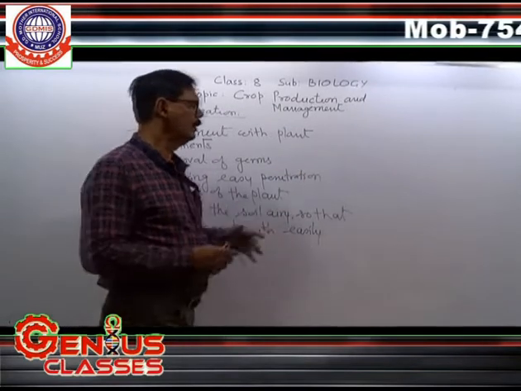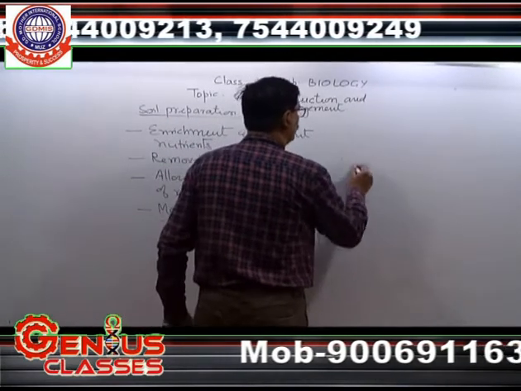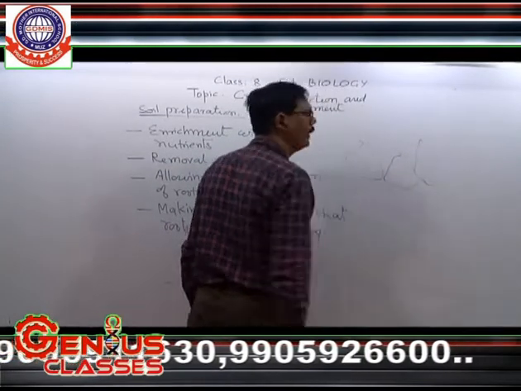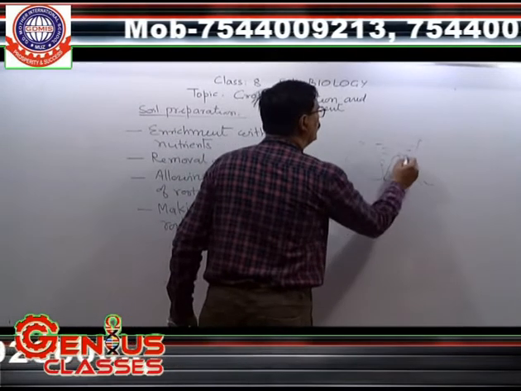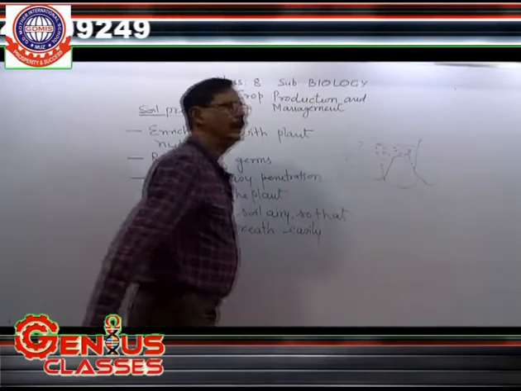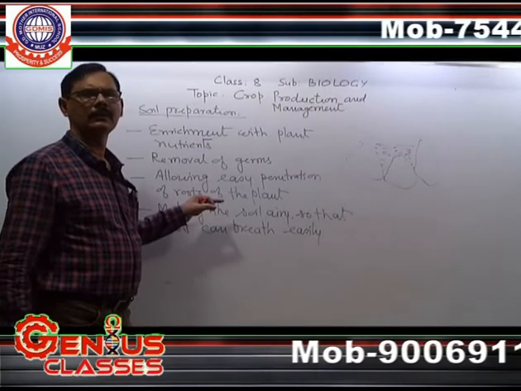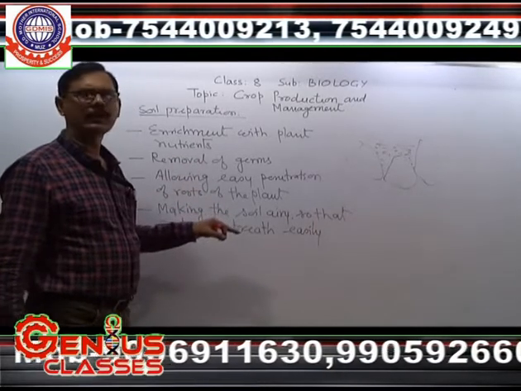Because once, say, like this, if we have got these kinds of lumps, what happens? The water may log into it, which will not fulfill our requirement. They will cause damage to the plant roots.